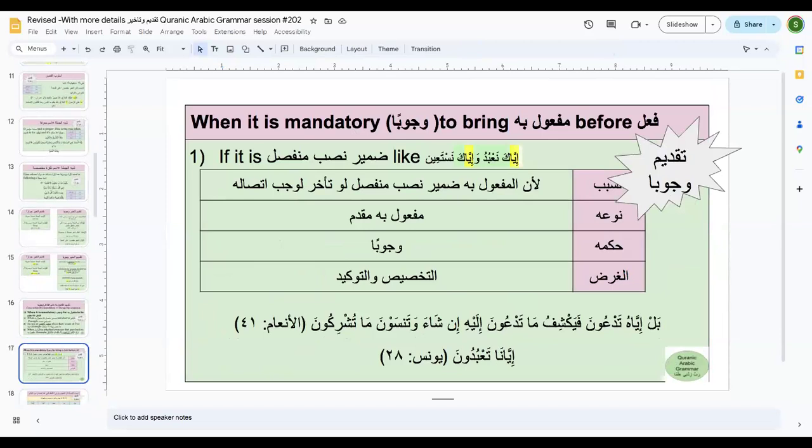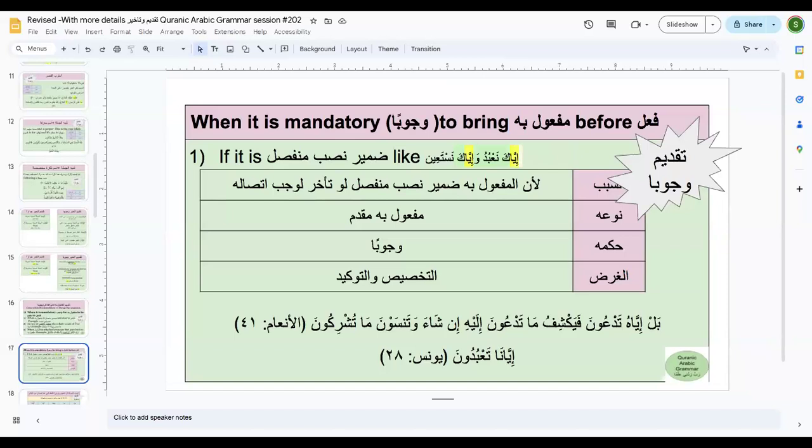We were supposed to learn taqdeemu maf'ul bihi ala fa'il. In the very beginning of your Quran, the surah that opens the Quran, Al-Fatiha, has Iyyaka na'budu wa iyyaka nasta'in.